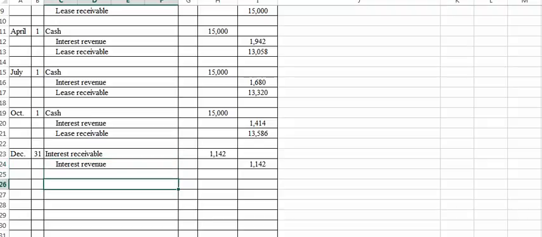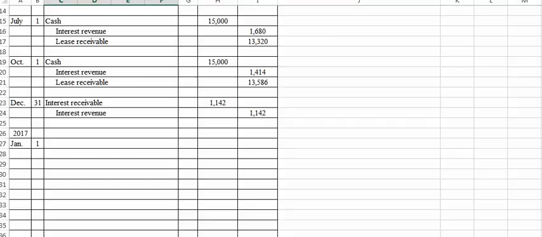Okay, now remember we made a depreciation entry on the lessee's books. That will not be made on the lessor's books here because we're dealing with a capital lease, and the asset is actually showing up on the books at this point of the lessee, not the lessor. So we get to 2017. And we do January 1.